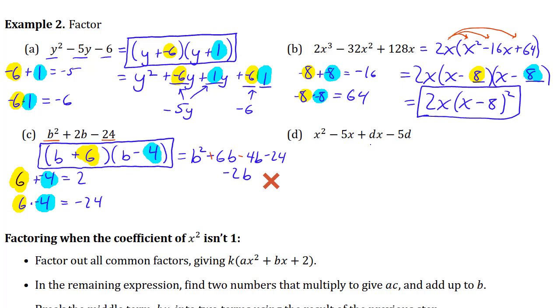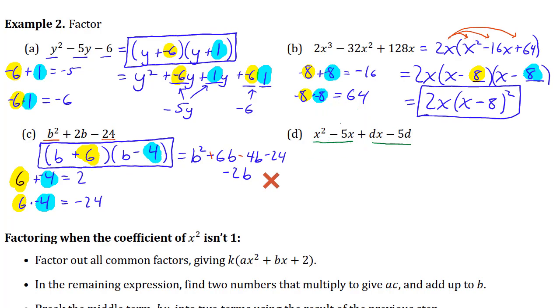Well, the trick is we're going to do something called factoring by grouping. There's a group here and a group here, where each of those groups has something in common. Like this group has an x in common. So I'm going to write that as x times x minus 5. Factor out the x from those.